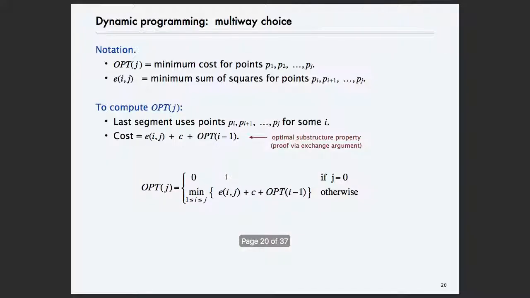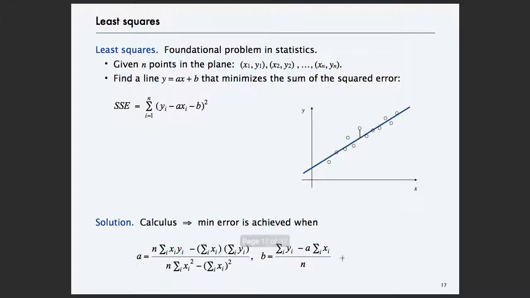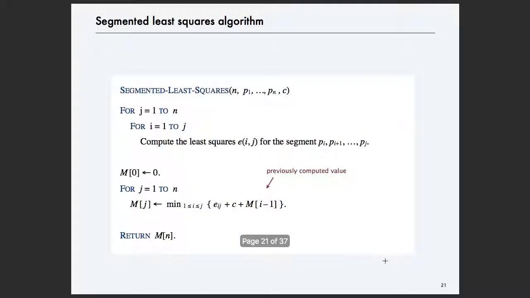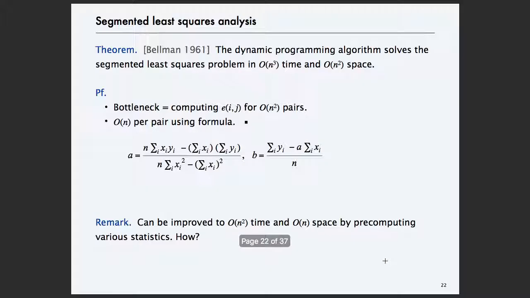If you look at this formula, I'm adding up all the y's and all of the x's. So in order to calculate the next one, I can reuse some of the previous values. So you can shave off an order of n, so you can make it just n squared.